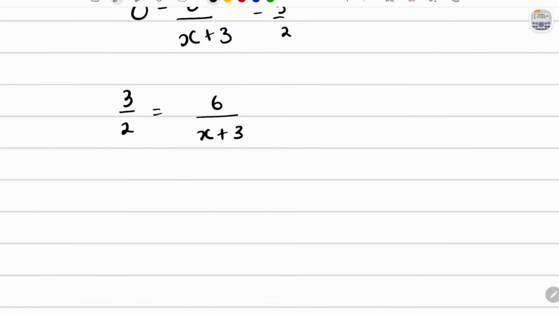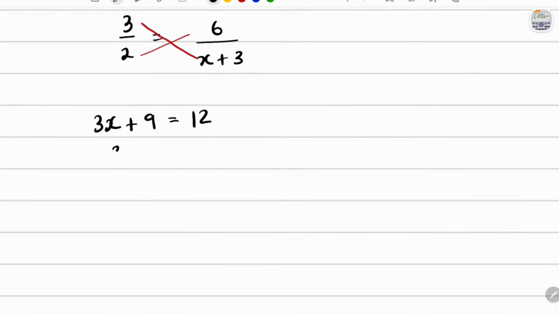Then you need to solve for x. Since they're both fractions, the best way is to cross multiply. So 3 multiplied by this. But remember that when you're multiplying the 3 by something that has 2 terms, the 3 needs to multiply into the x and into the 3. So 3 times x is 3x, and 3 times 3 is positive 9, is equal to 2 times 6, which is 12.